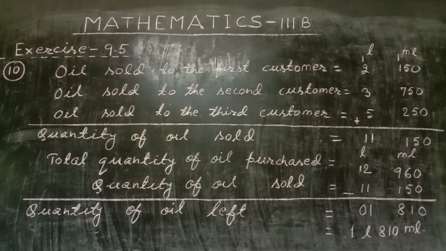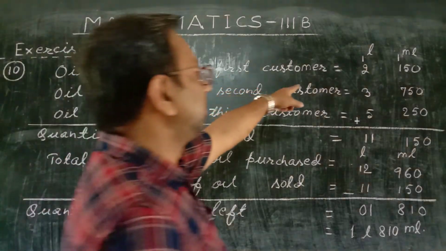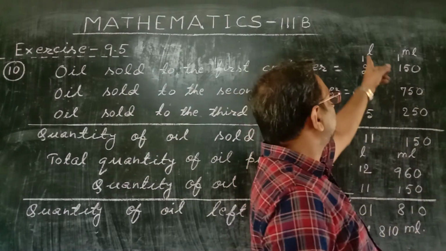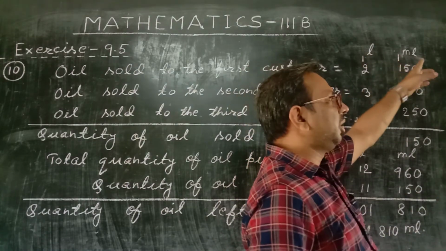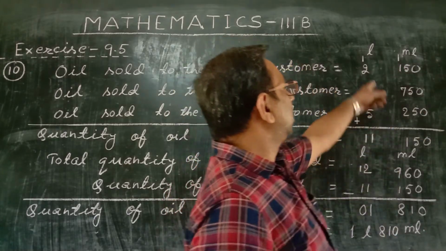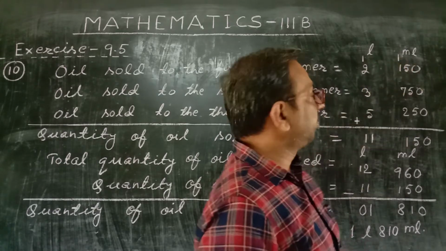In the solution, I have written the first statement as oil sold to the first customer equal to 2 liter 150 milliliter. Making these two columns of liter and milliliter, I arrange this in liter and milliliter. 2 is liter, so I wrote below liter, and 150 is milliliter, I wrote below milliliter.